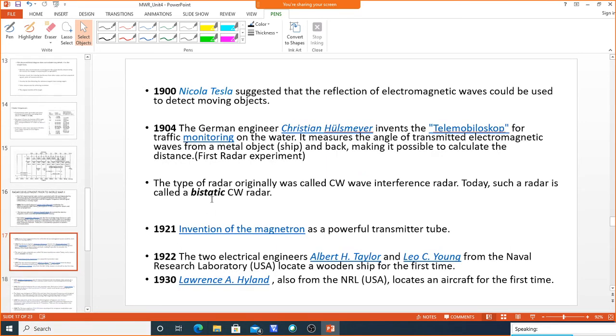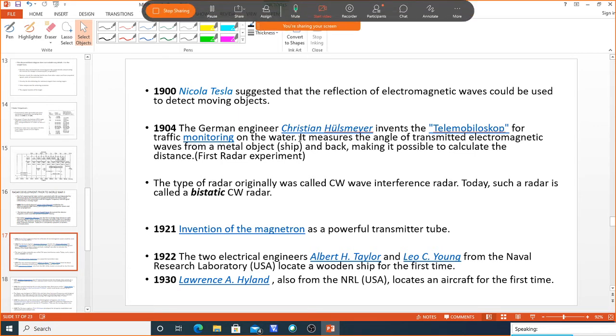Next, Nikola Tesla suggested that the reflection of electromagnetic waves could be used for detecting moving objects. He tried to design a radar system for moving targets, where he measured the shift in frequency, and he said that moving objects can also be detected.